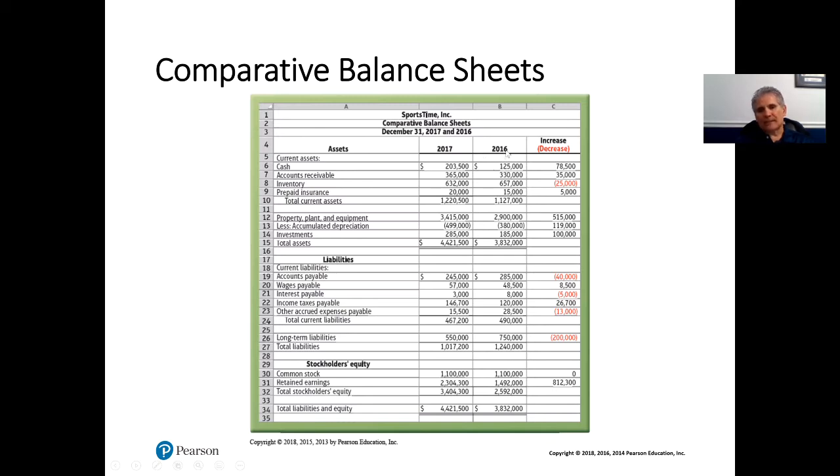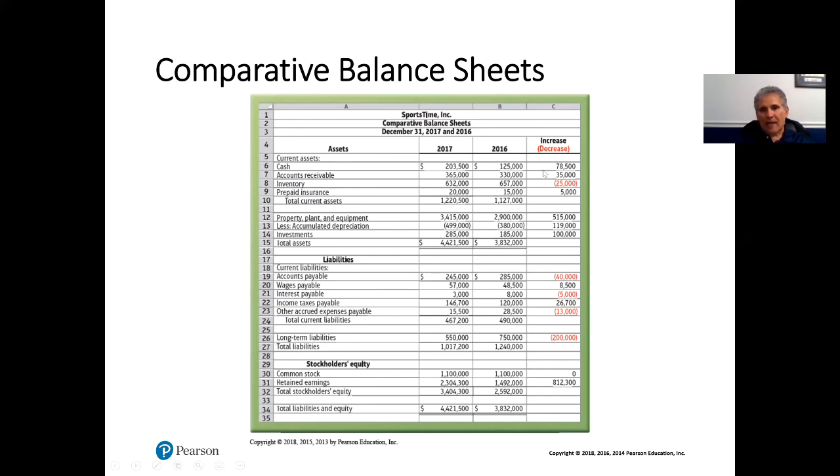This 2016 is what it was at the end of that year, and 2017 is what it was at the end of this year. When we say comparative, we're going to go through each line item and compute what the differences are, whether they've increased or decreased. If they've increased, there will be a positive number. If it's decreased, we'll show the decrease in brackets as a reduction.